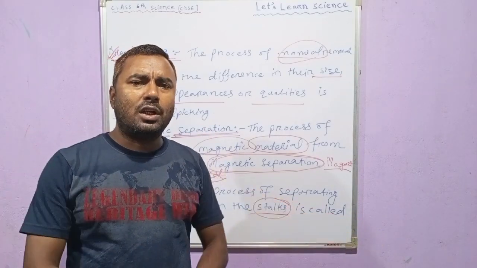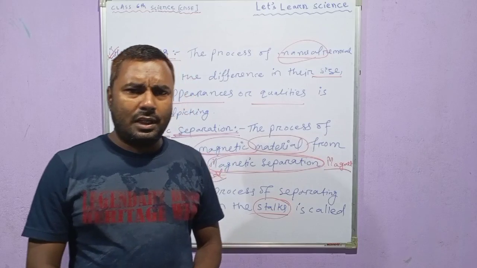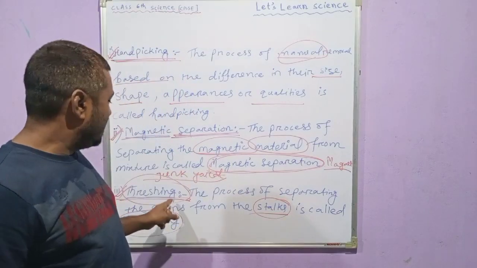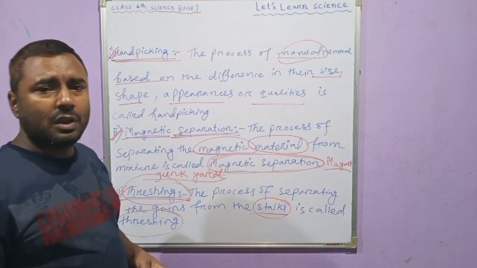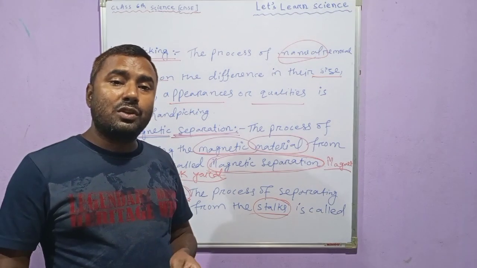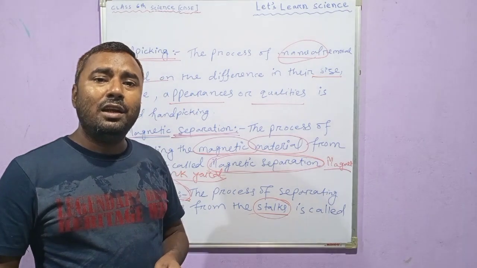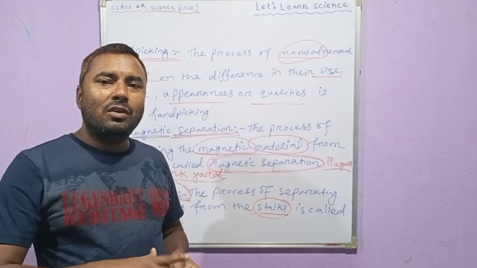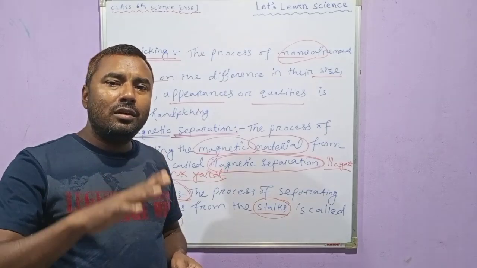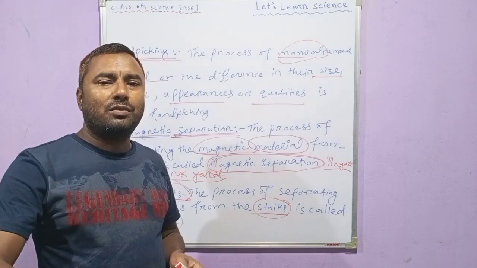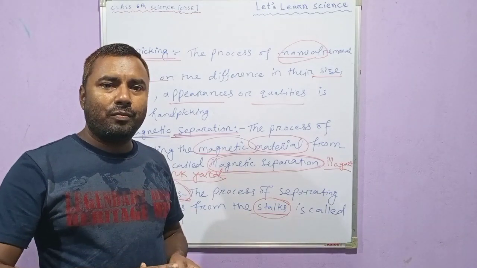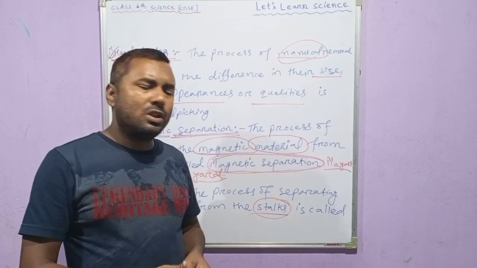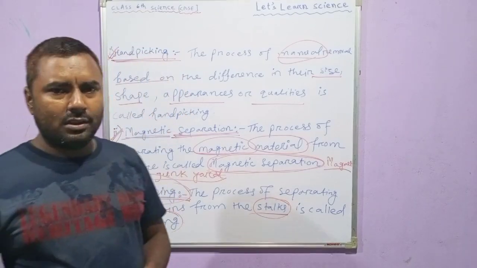So threshing has been done like this. Simply, threshing means the process of separating the grains from the agricultural plants by beating them on a hard surface, or by rubbing with a hard surface, that is, by friction.